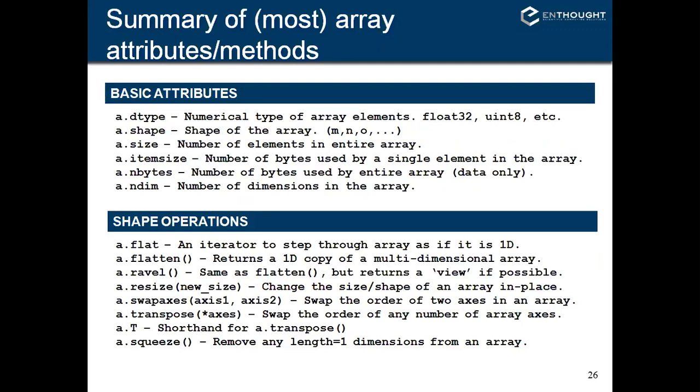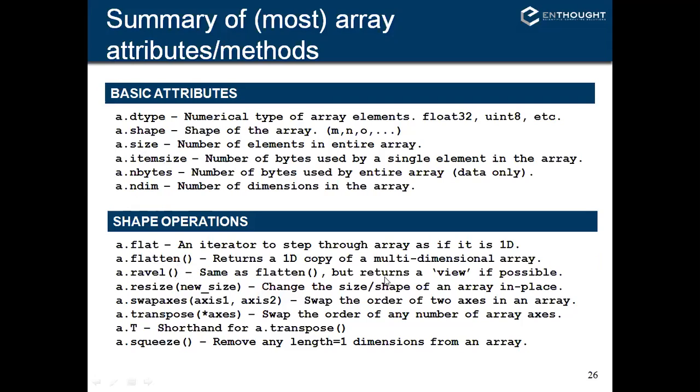If you wish to check the numerical data type, you can use dtype. If you wish to check the shape of an array, this is shape. If you wish to check the size of an array, this is item size, number of bytes, number of dimensions, and flat, how we can have a flattened one dimension copy of a multi-dimension array.